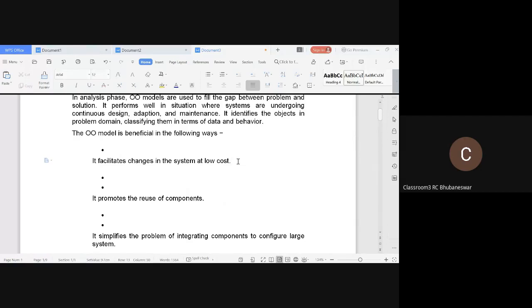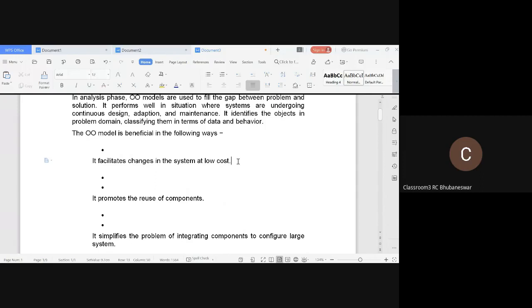Suppose you are using components and you have two options: reuse of components or no use of components. If you prefer no use of components, then you have to pay high, meaning you have to purchase new components.